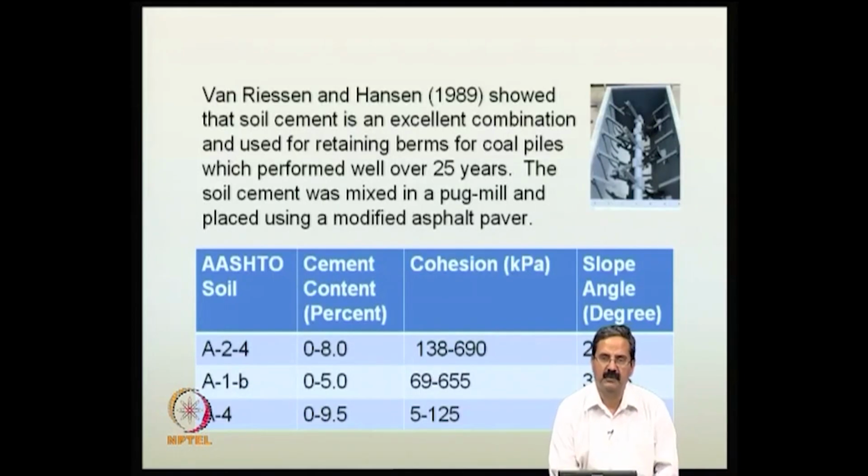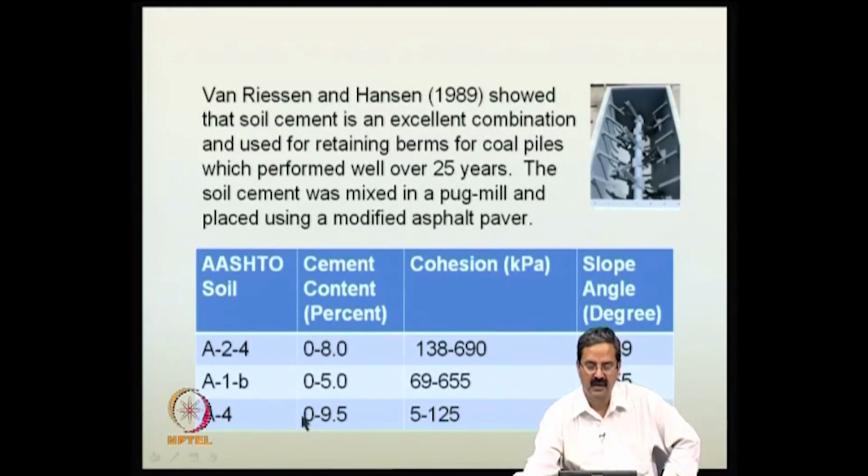In the olden days people only knew about cement stabilization or lime stabilization, so some people added lime, some people added cement. In this case it was reported in 89, and they observed it for about 25 years and found that the soil cement was an excellent combination.